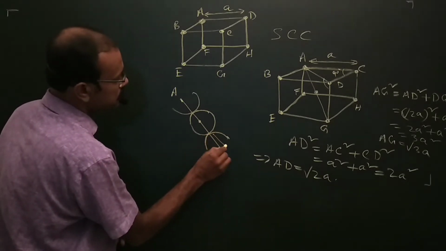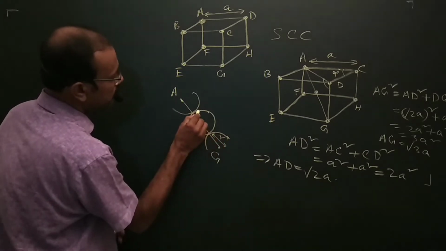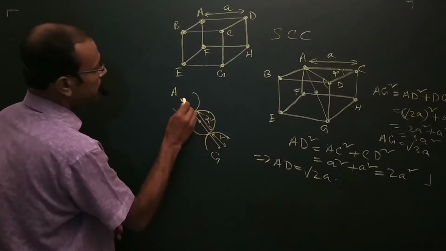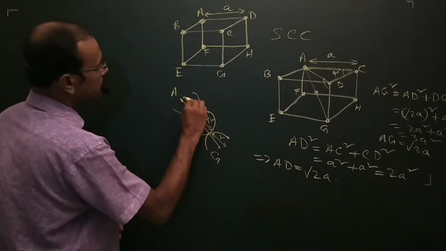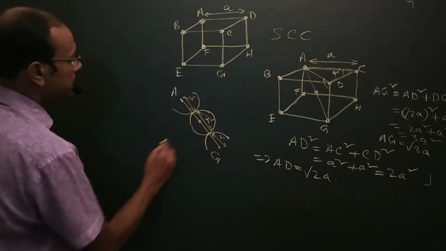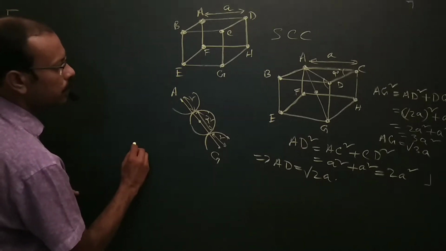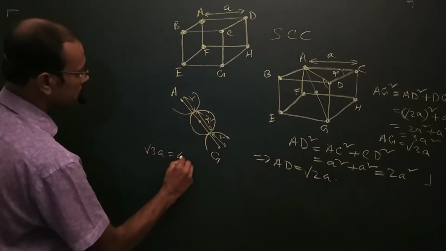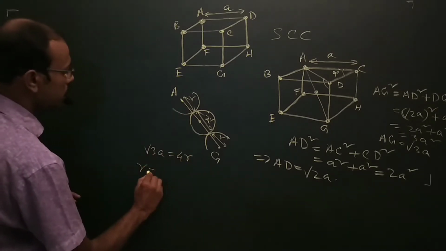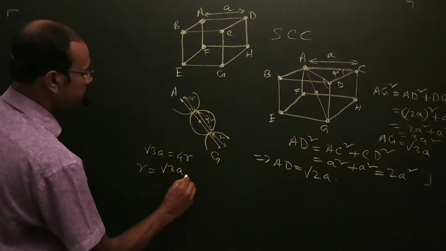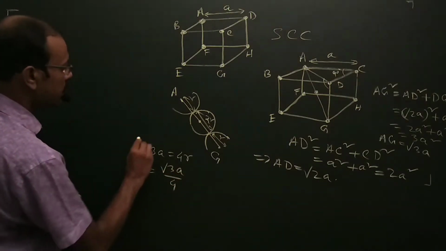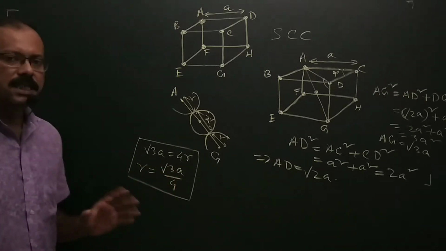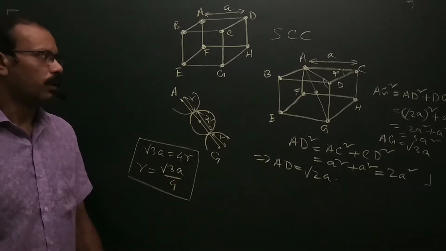This radius is r, and this is the whole diameter of the particle, 2r, and this is again r. Therefore we can write that root 3 a equals 4r, or r equals root 3 a by 4. This is the relation between the radius of the particle and the edge length of the BCC unit cell, or body centered cubic unit cell. Okay.